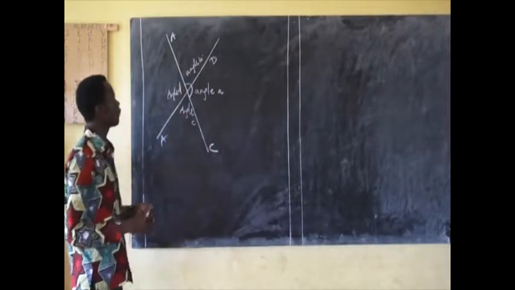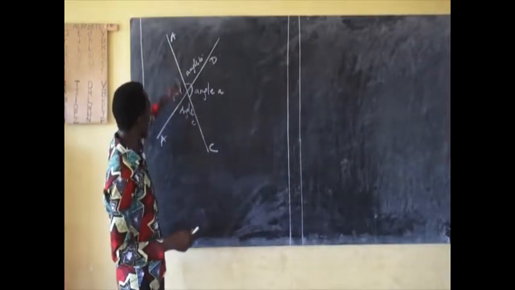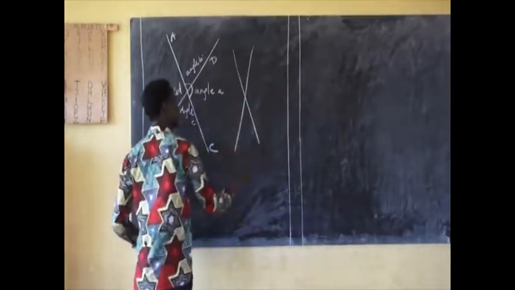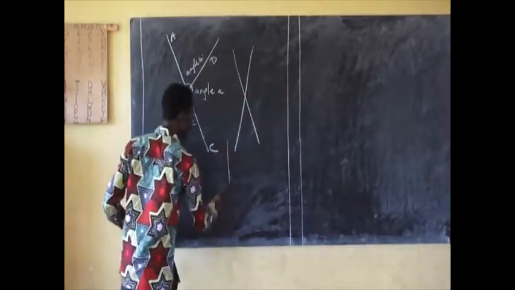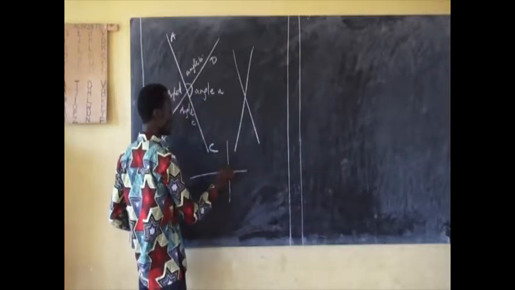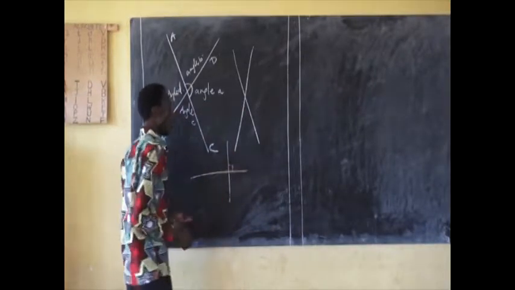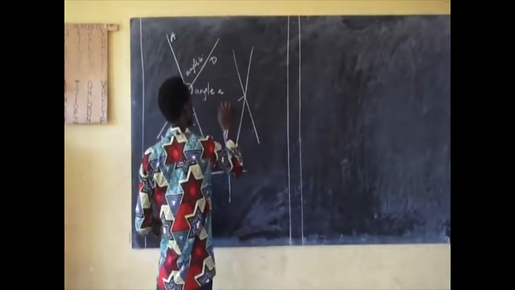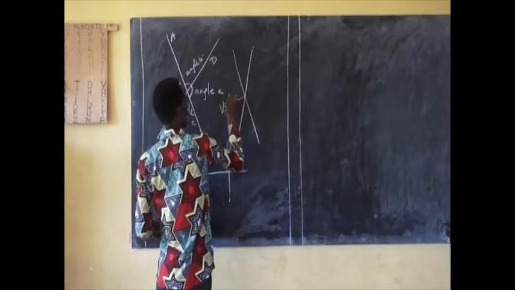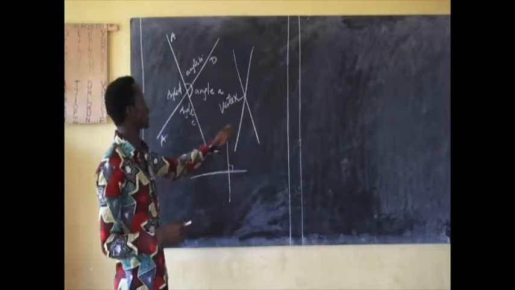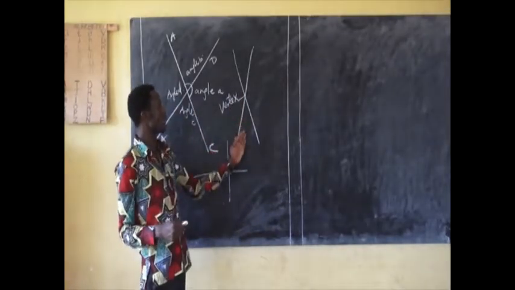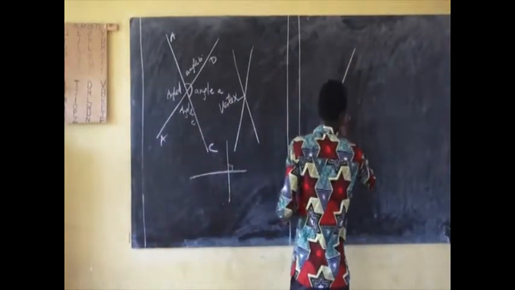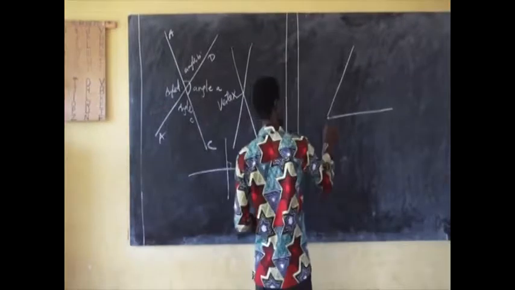So the angle is formed after these two lines have intersected. Even if you draw this is the line, and then the intersecting is this way, or you draw this is the line, then they intersect, where they have intersected, they form what we call an angle. And the place where they have intersected, we call the vertex. So the vertex is the point where the lines have intersected each other.